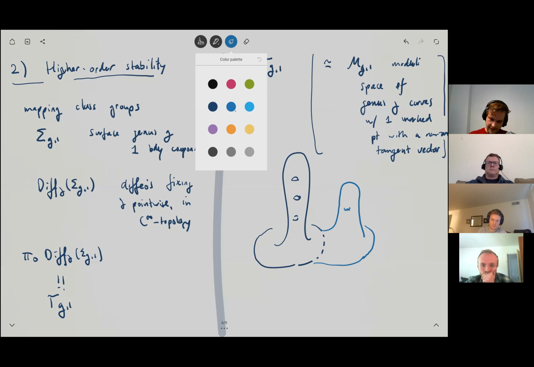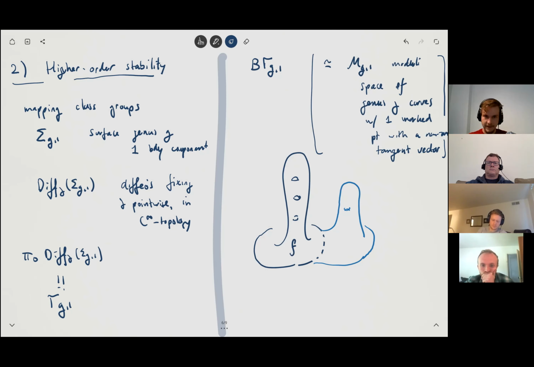And whenever I have a diffeomorphism of this first surface that's the identity on the boundary, I can extend it by the identity to the new piece. That gives me a homomorphism between these groups, and hence a map on classifying spaces.